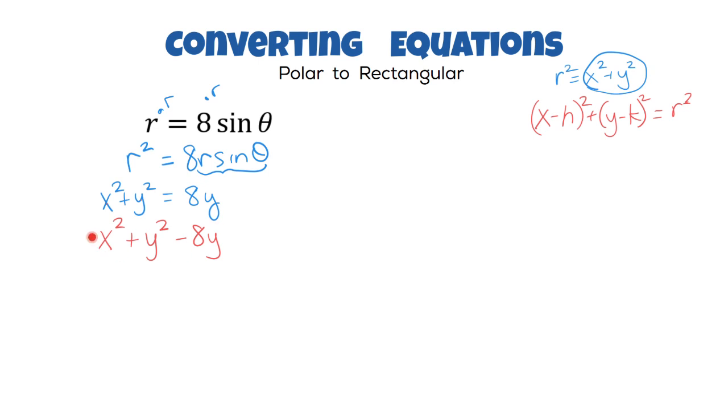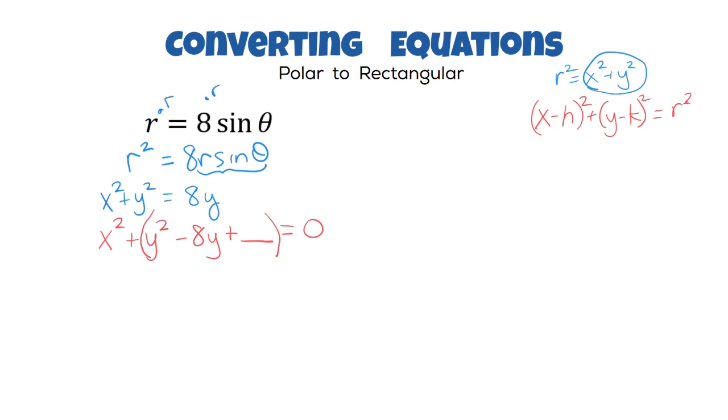You would have had something like this that you would have had to complete the square to get it into this format so you could graph it. So let's refresh our memory on completing the square. I went ahead and kind of hinted that you're going to subtract your 8y, and then we do this plus something equals, and now it equals 0 because we brought the 8y over. Okay, so the idea is that you are completing the square with the y's.